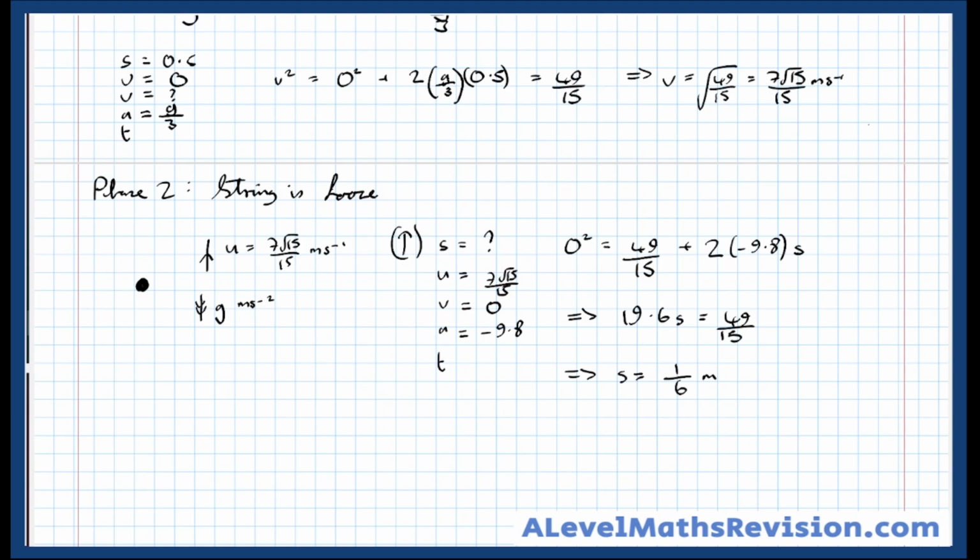Therefore, the maximum height is the 0.5 above the table it starts at, plus the 0.5 it travels up, plus the 1/6. So that's 1 1/6, so that's 7/6 of a meter. And there we have it.